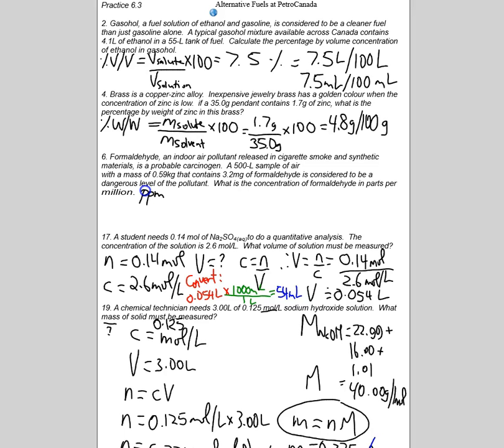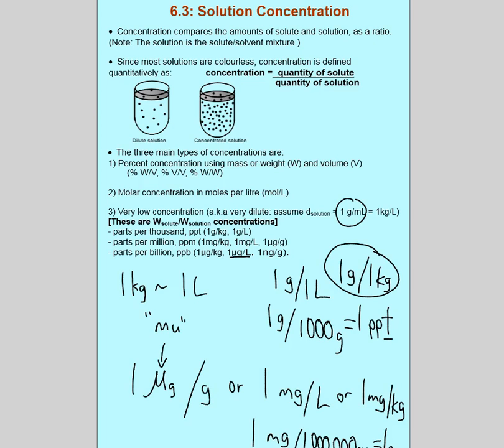Well, we're trying to come up with 1 part out of a million. So we have options here. We can go with a milligram for every million grams, kilogram, or liter, or we can go a millionth of a gram per gram.